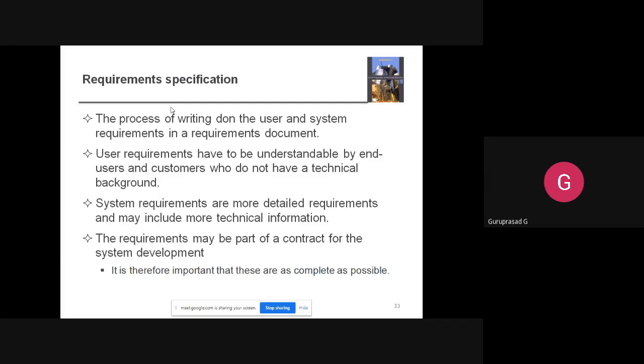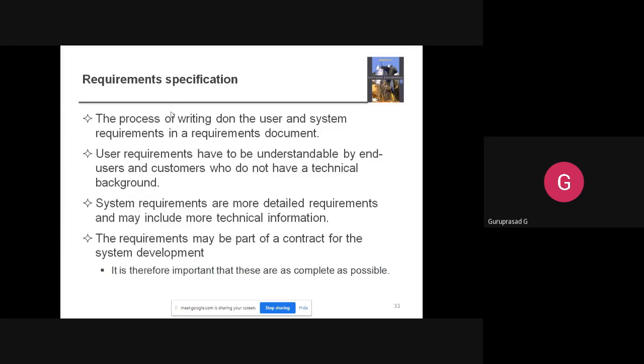But naturally, as I mentioned, there is always a possibility that the requirements will be ambiguous, because different people will understand them in different ways.